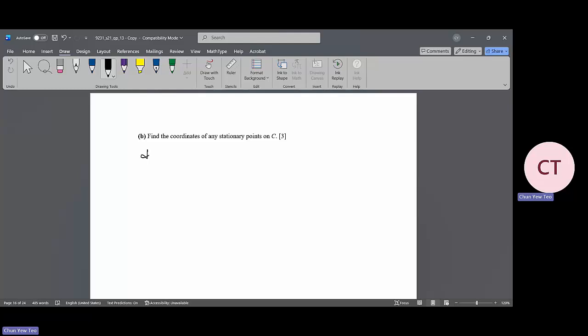So we have to do dy/dx. The dy/dx is, you keep the bottom, differentiate the top, minus keep the top, differentiate the bottom. The bottom is 1 minus 2x.